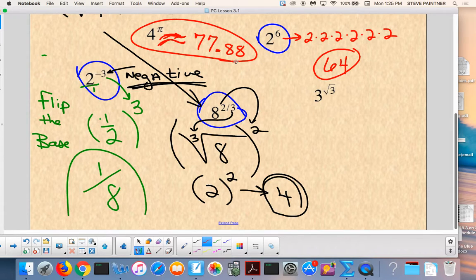Okay. 3 raised to the square root of 3 is 6.7 and then 0, 4, 9. We'll stop there. You guys agree? Okay, and move on.